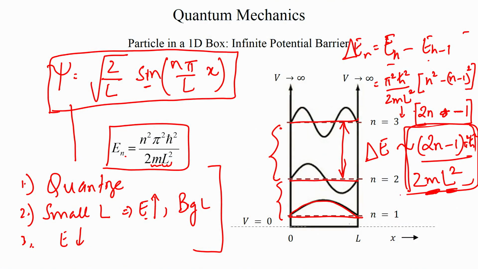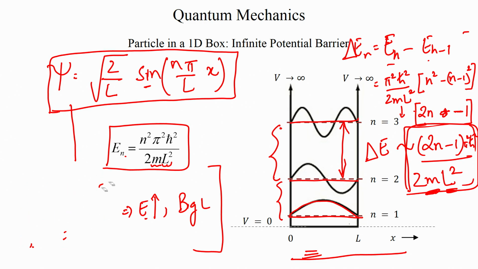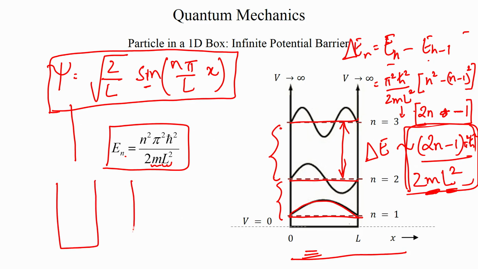Okay. And similarly, if the size of the box starts growing very large, the energy levels become very, very fine. Okay. So this is an important message as well. So not only is the energy spacing going to reduce with the mass of the particle, but if I were to increase the size of the box and you look at all these energy levels, you will find that the energy levels are much closer to each other here.